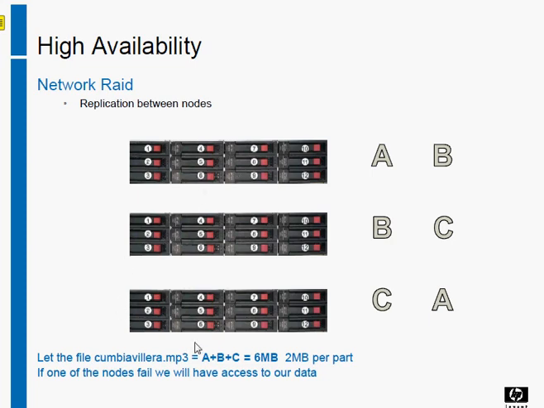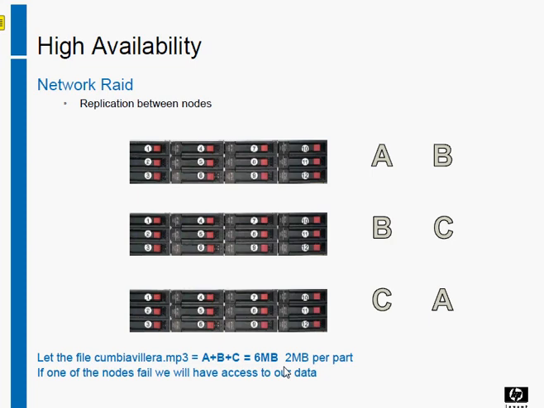3 regular nodes here. Let's suppose you're going to save a single MP3 file that is about 6 megabytes in size. So let's say, just for these purposes, that A plus B plus C equals the 6 megabytes of your MP3 file.